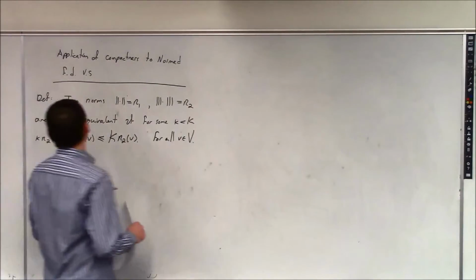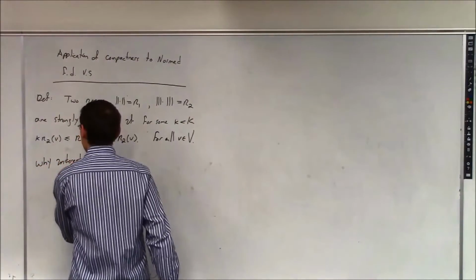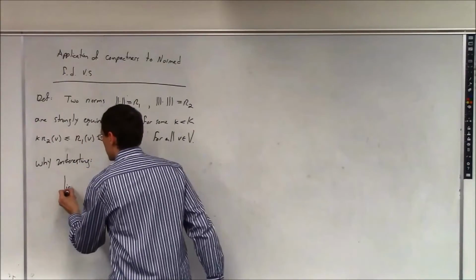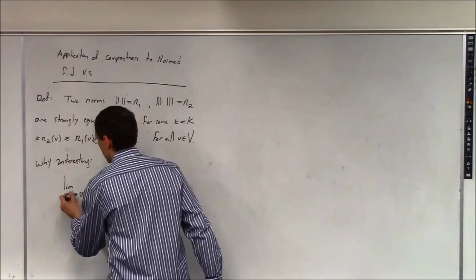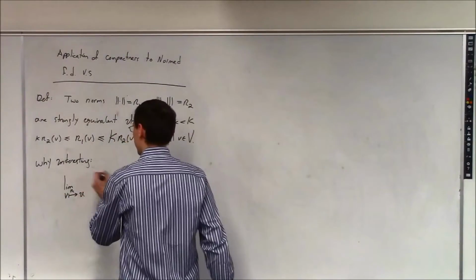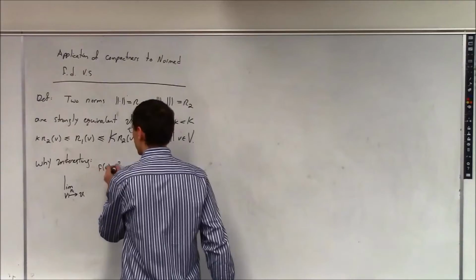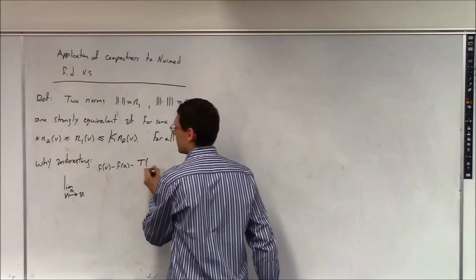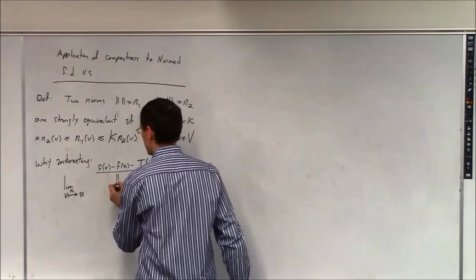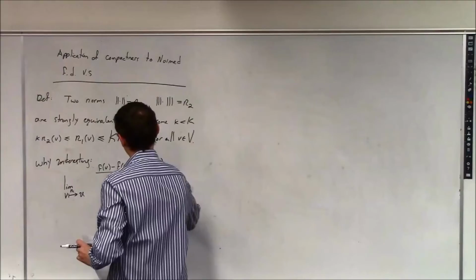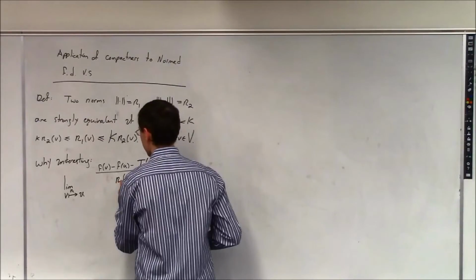Okay, so why is this interesting? The way you define the derivative is something like this: the limit as v goes to u, under, let's say, the n1 norm, of f of v minus f of u minus some linear map t of v minus u, divided by, let's say, the n1 norm of v minus u.